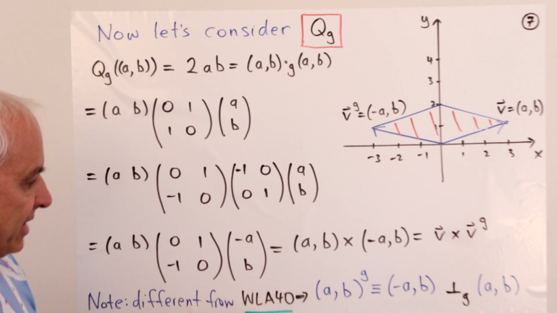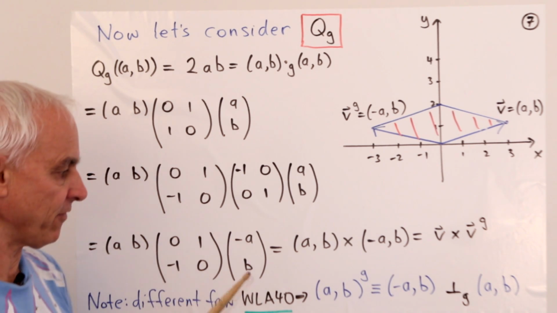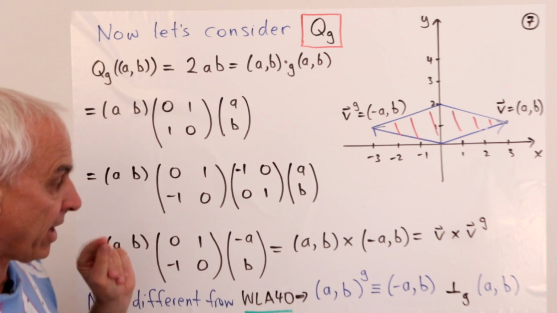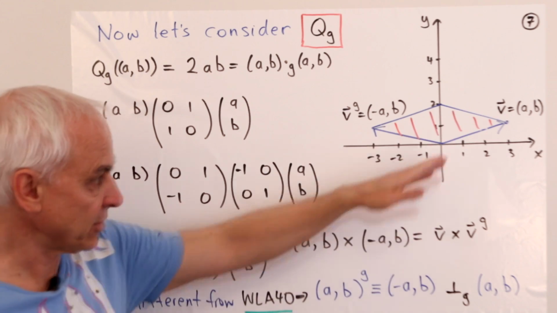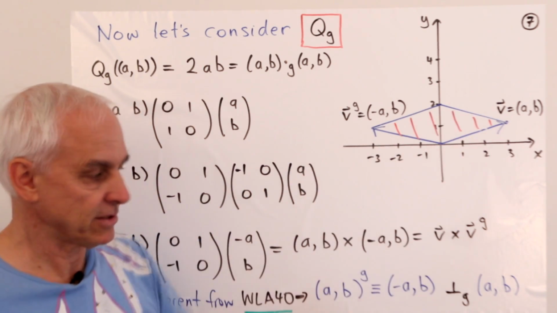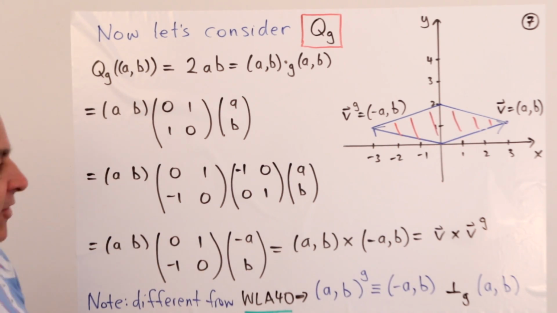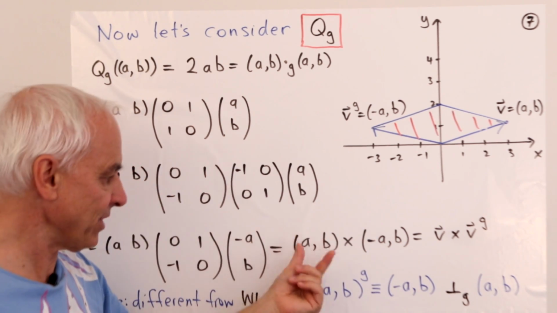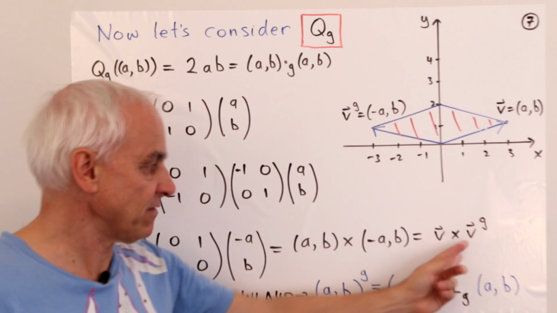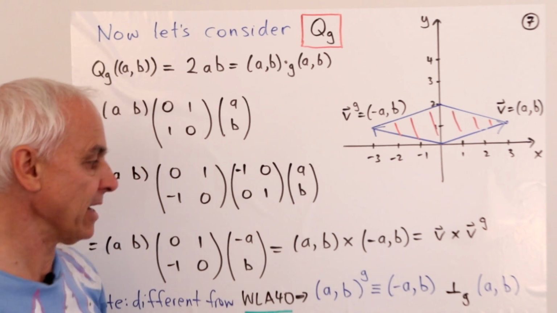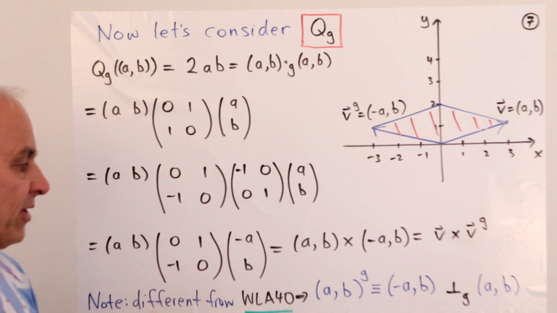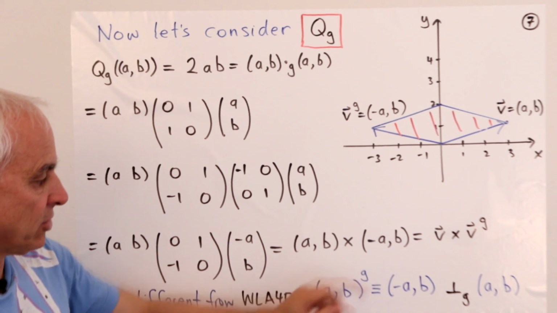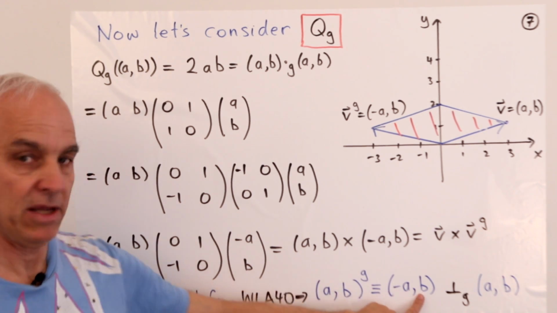So if you're interested in these things and want a little bit more information, check out the videos around here. There I use the negation of this thing here, which is the reflection in the x-axis. One could also define it this way, but in order to be consistent with what I've been doing for the other ones, so that we get V cross V super G as the signed area or quadrance, this is a convenient choice. So here's the definition, that AB super G is minus AB.